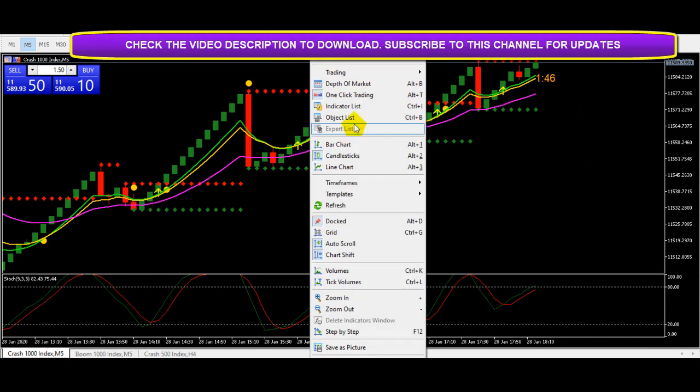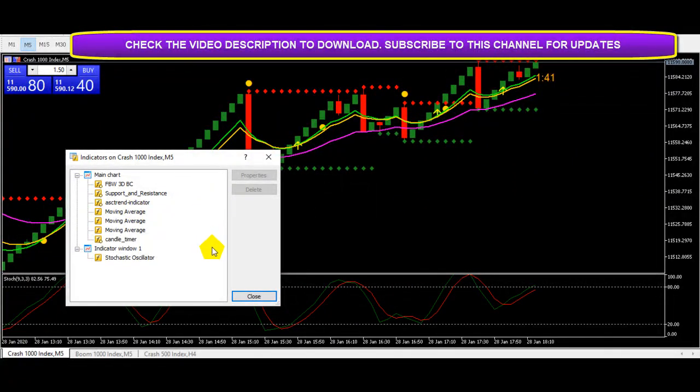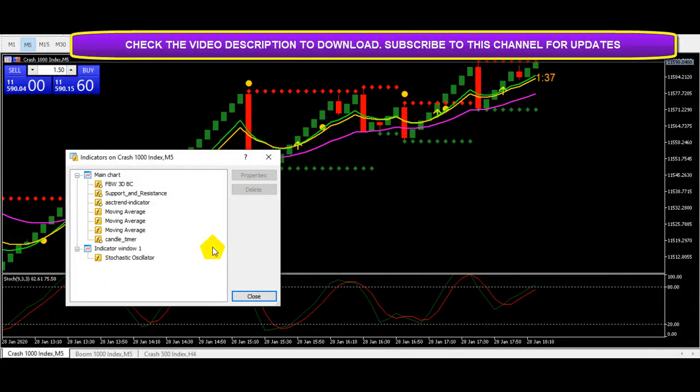Let me quickly show you the indicator here. The trading system I will be sending you is actually the arrow. I'll be sending you just the arrow and I will tell you what it involves. Look at the moving averages here on the main window.